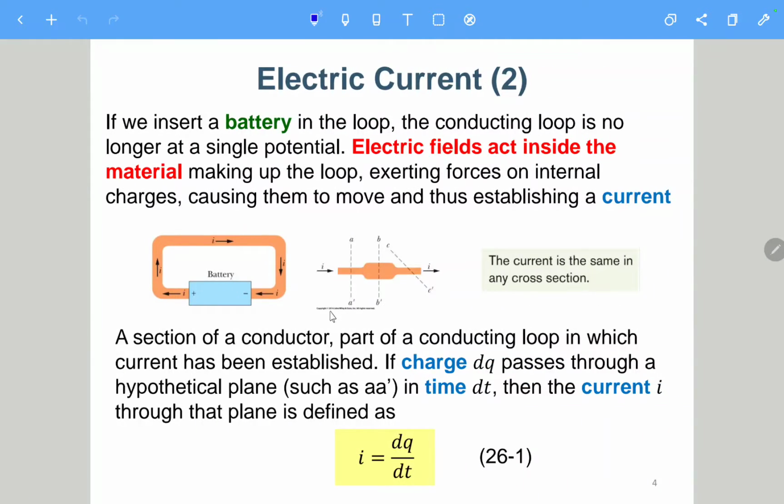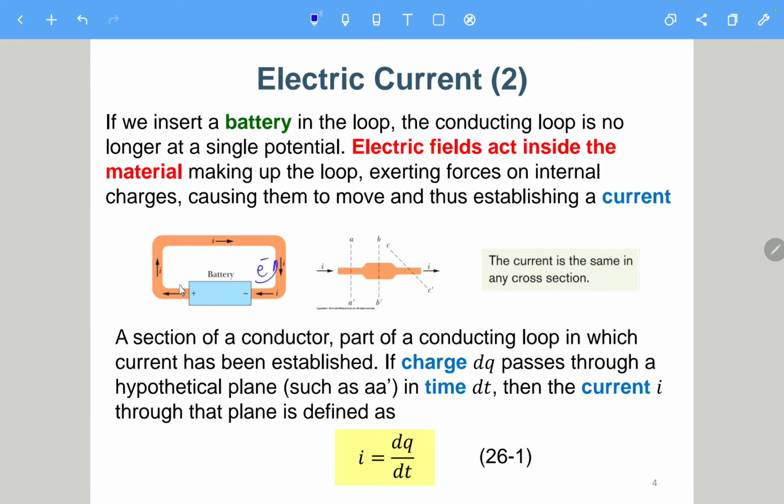There will be potential difference across here. So there will also be current. And actually, I think you should know that the direction of the current is opposite to the direction of the electron, if you have learned chemistry.